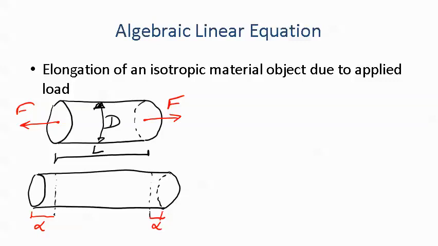And of course, we said that the diameter will also change, so it will be, let's say, lowercase d. So the initial length was L, and the final length is L plus 2 alpha, or L plus delta L.